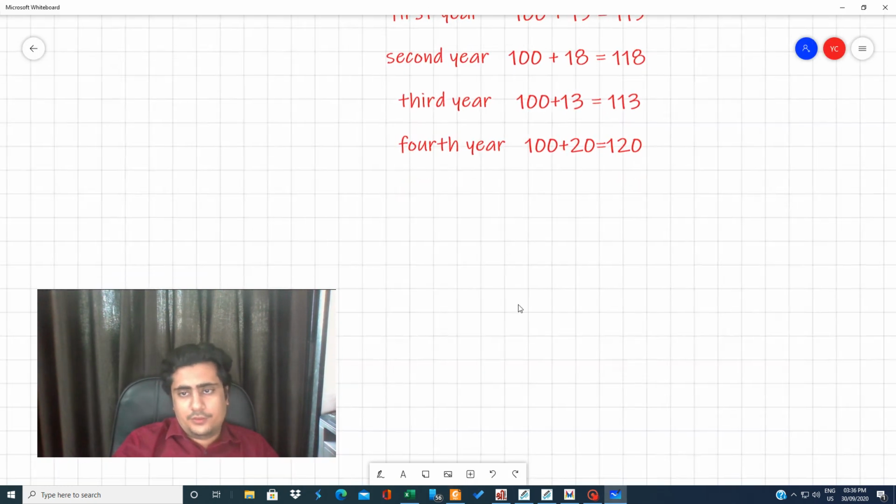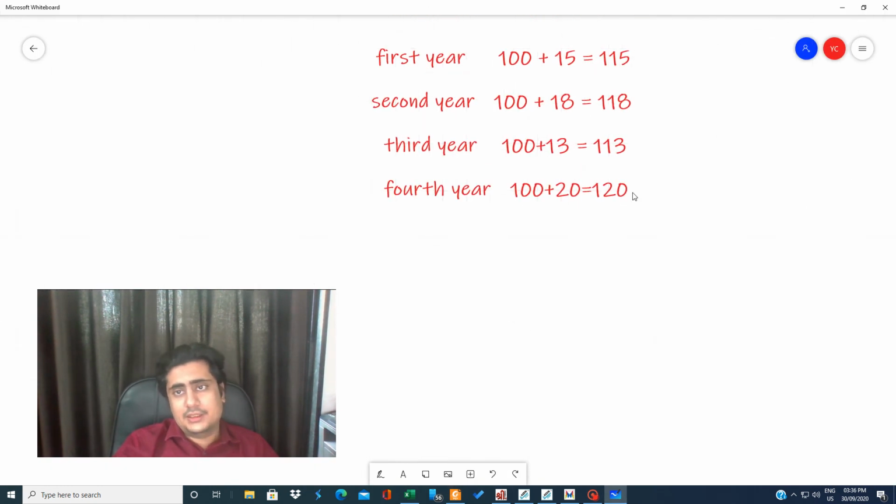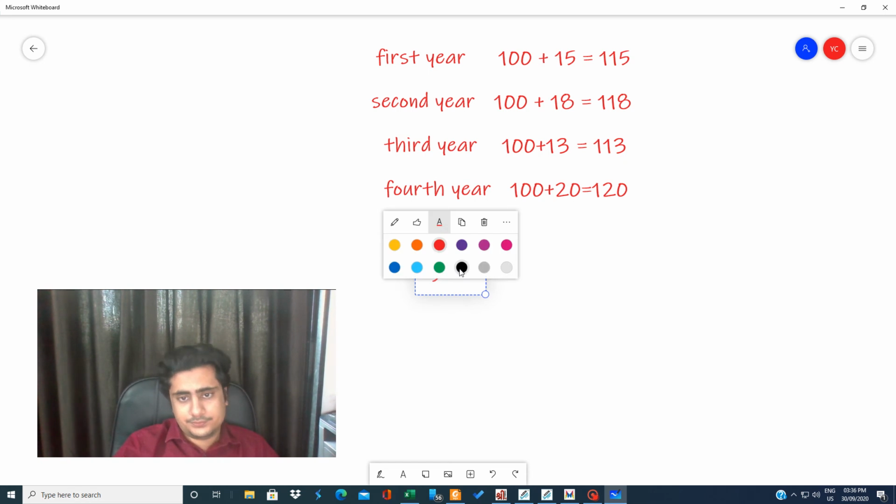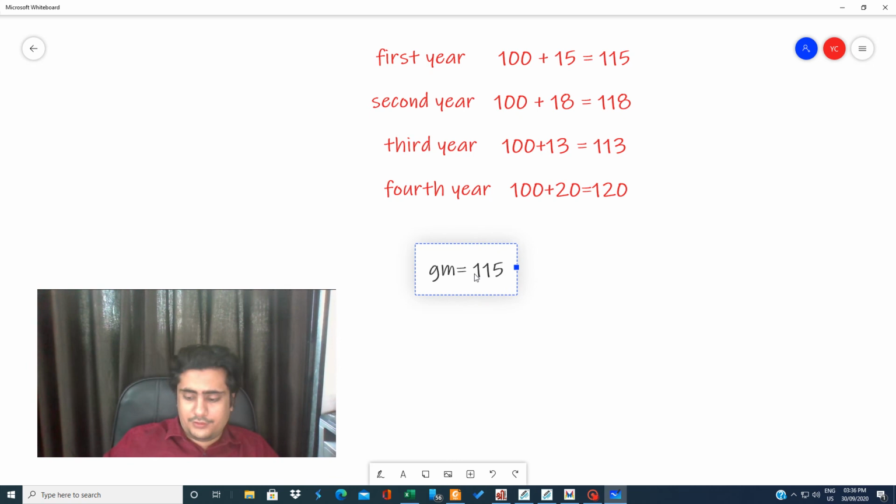Now I want to find the geometric mean with these digits. Okay, so geometric mean is equal to 115 into 118 into 113 into 120.